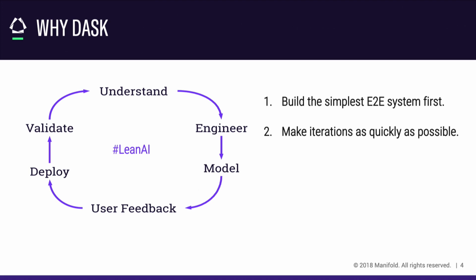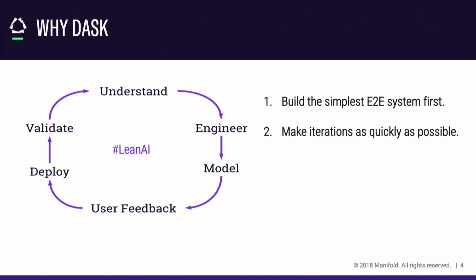So having this end-to-end system, although a very simple system, in place has been very effective. It gets everyone aligned towards the goal. And really after that, the majority of the work is making iterations around this loop, making incremental changes.